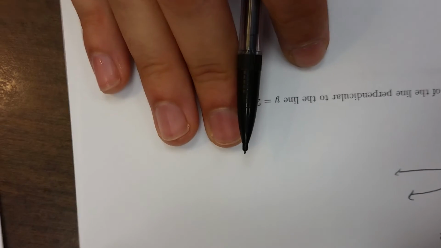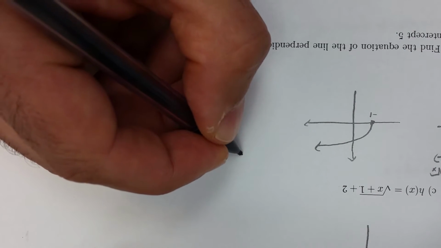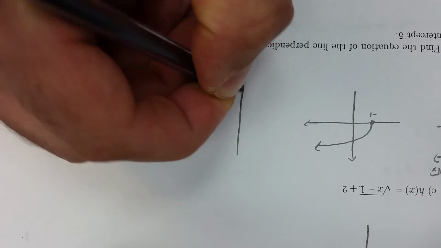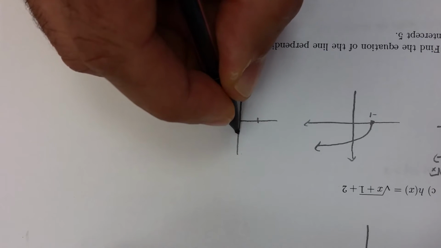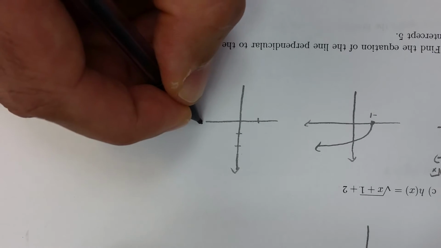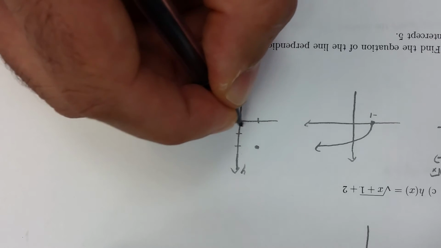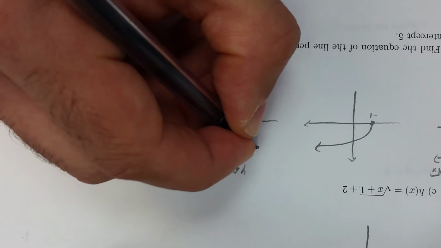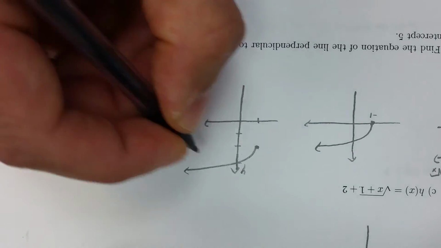Vertical changes go in the direction that you think they do. So it's already moved 1 unit to the left. Now we're going to move it 2 units up. So it starts there at the point minus 1, 2, and goes off to the right.